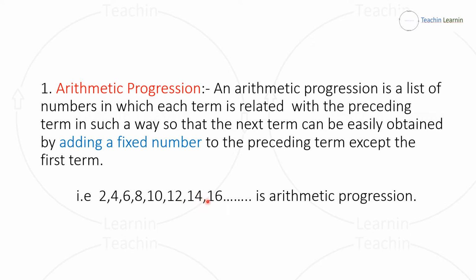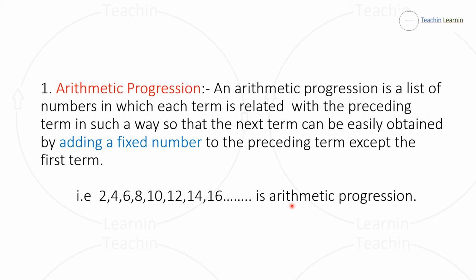You can get 16 by adding 2 to 14, and so on. To get the next term, you will add 2 to 16. It will be 18. To find the next term of 18, you will add 2 to 18. It will be 20, and so on. You will find 22, 24, 26, 28, 30, and so on.